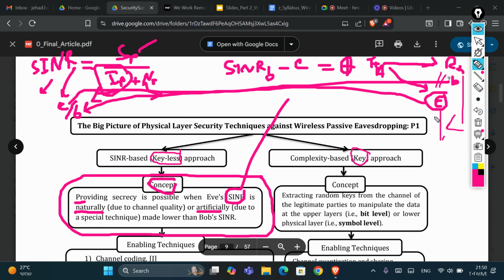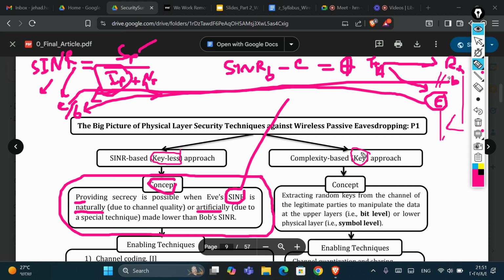Or if Eve's signal to interference noise ratio is better than Bob's, in this case, you cannot provide physical layer security naturally. Here is where you need to think as a researcher, as an engineer, as a technician, as a developer. What can I do to make Eve's signal to noise ratio worse or lower than that of Bob, even though naturally Eve is closer to Alice?